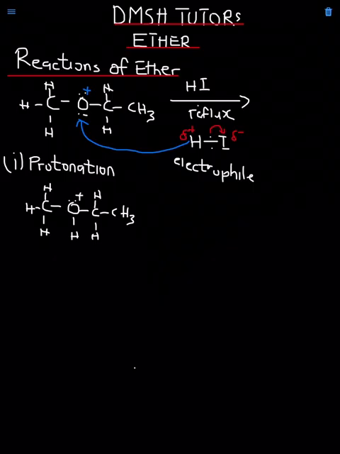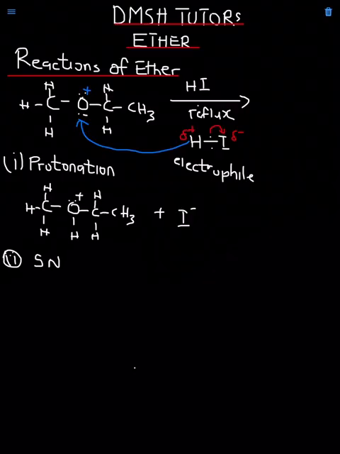Since it is now protonated, the next step is nucleophilic substitution, the SN step. The iodide that carries a negative charge now wants to combine with the protonated ether. So where do you think the iodine will go?